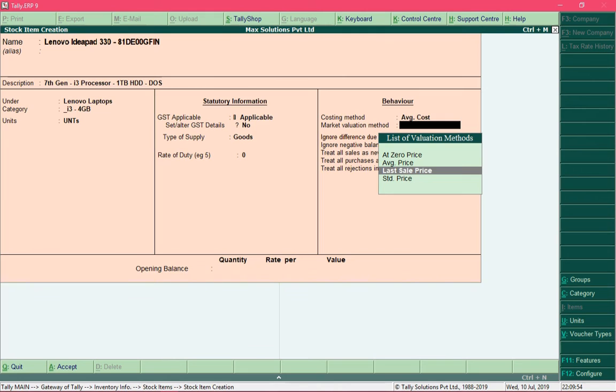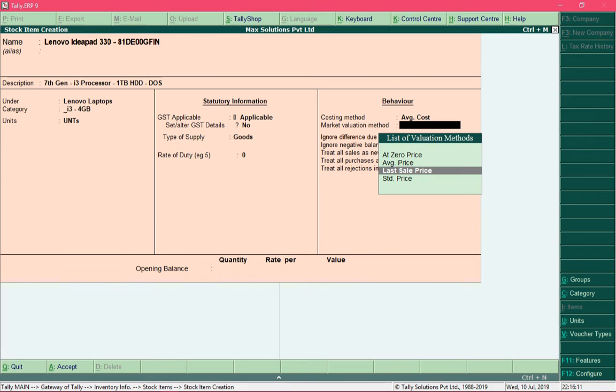At the end of the financial year, we calculate the value of closing stock, and we use these market valuation methods to know the true worth of the products. So suppose at the end of the year, if you find out that the value of your inventory is more than what you have paid for, then you can consider it as a benefit.